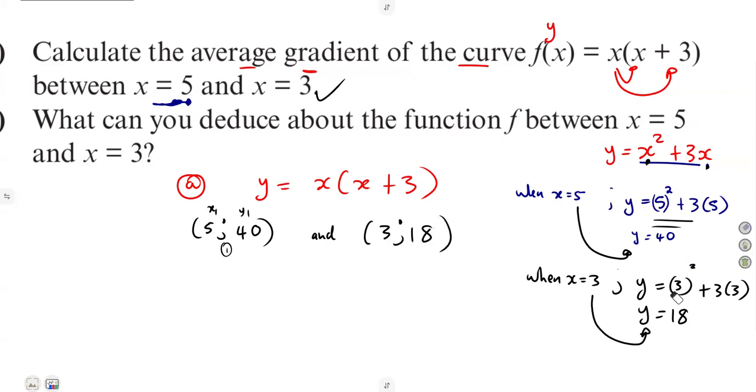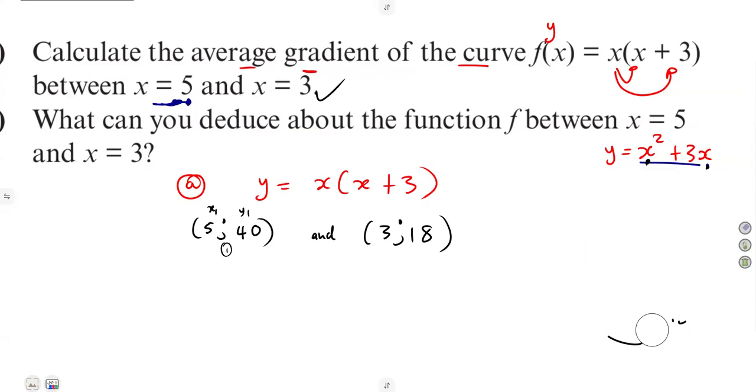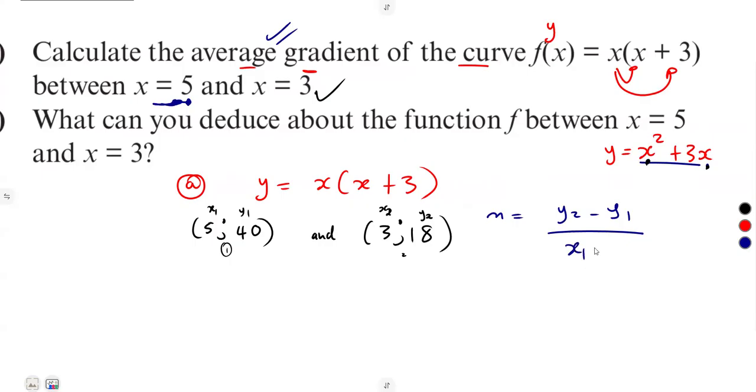So we are going to take this as our second point. As this is our second point, it means we're going to have x2 and y2. Therefore, using our formula to determine the average gradient, where m is equal to y2 minus y1, the change in y over the change in x, x2 minus x1, we are going to determine our gradient.